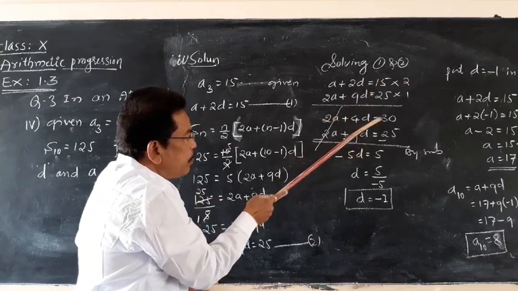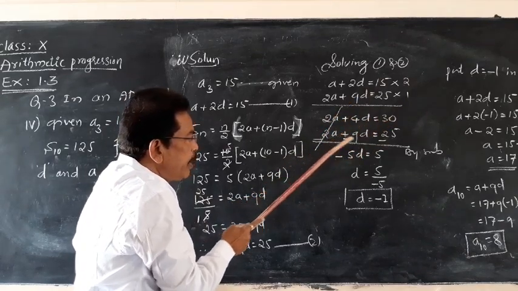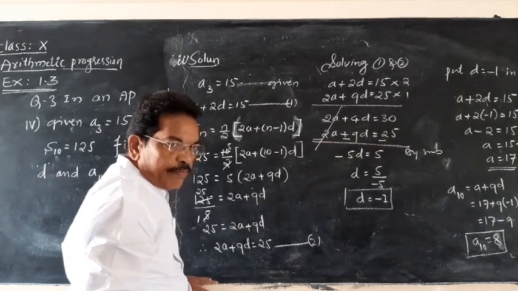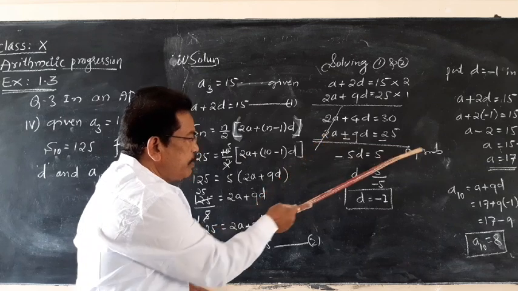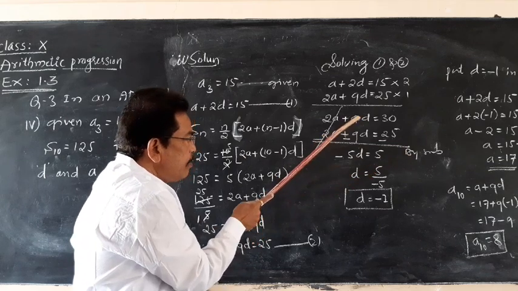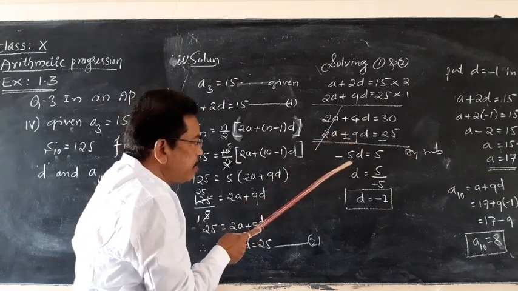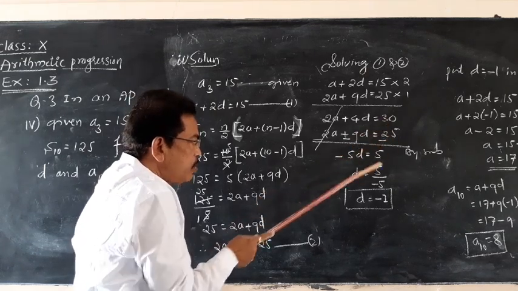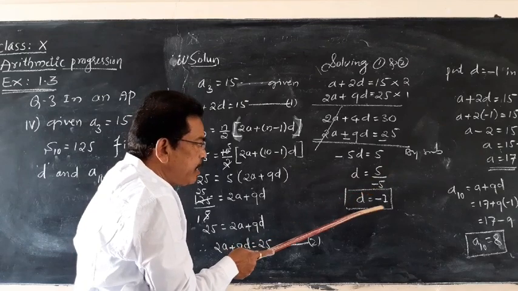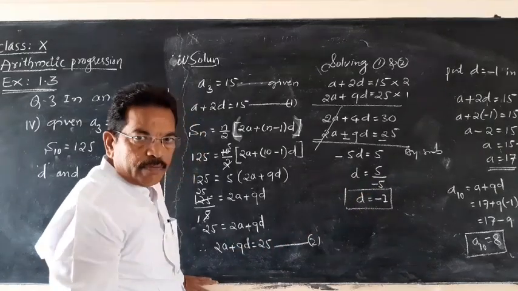So 2a plus 4d equals 30, and 2a plus 9d equals 25. Then by using the elimination method, we subtract the terms: 4d minus 9d is minus 5d, and 30 minus 25 is plus 5. So d equals 5 divided by minus 5, d equals minus 1.